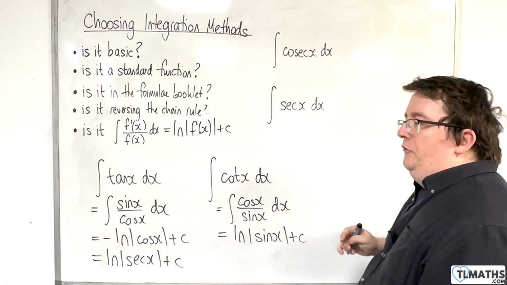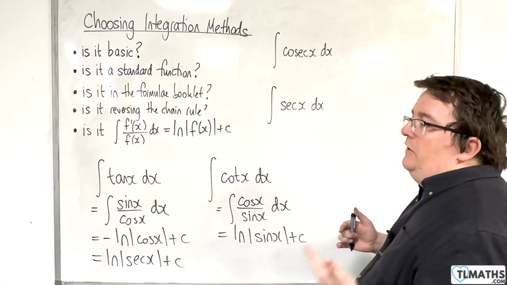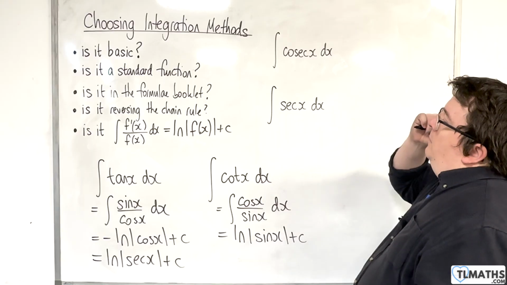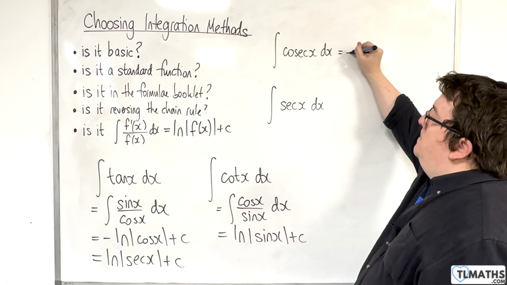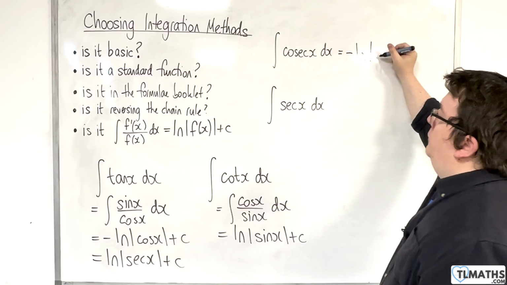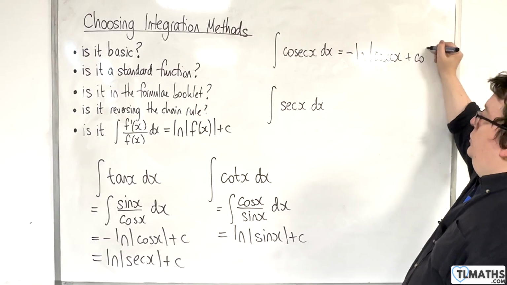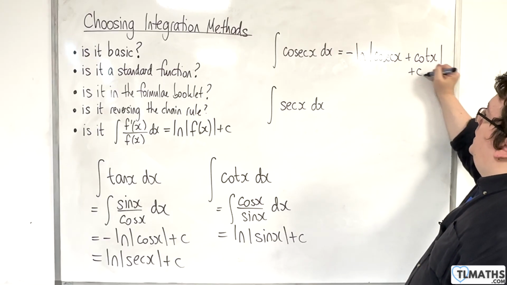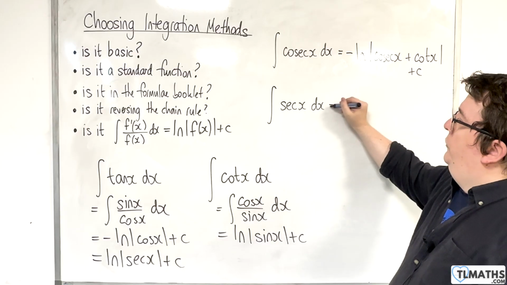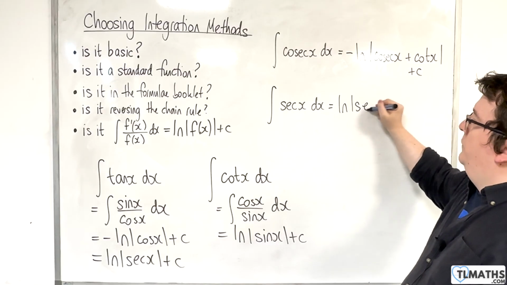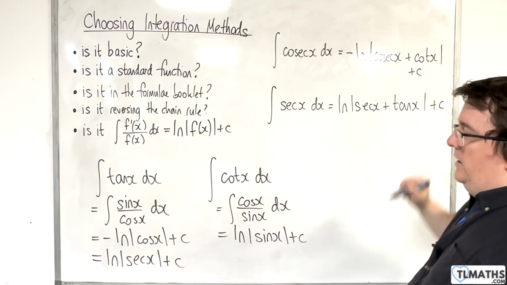Now, as for these two, I have done a video on how you get to these answers, but cosec integrates to minus the natural log of the modulus of cosec plus cot x plus c, and sec integrates to the natural log of the modulus of sec x plus tan x plus c.